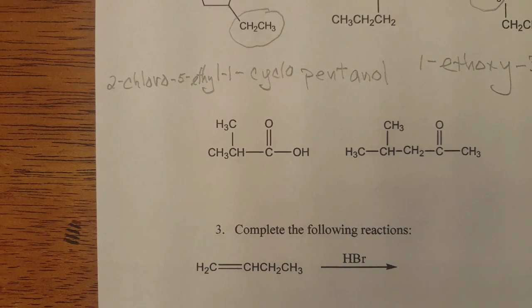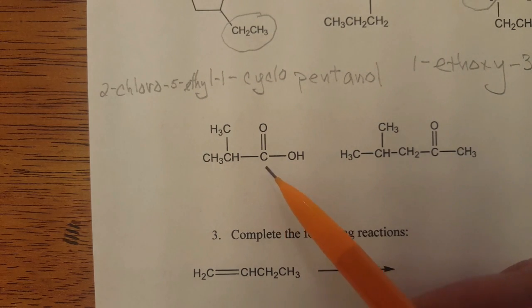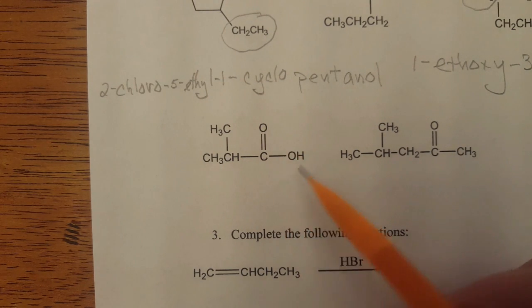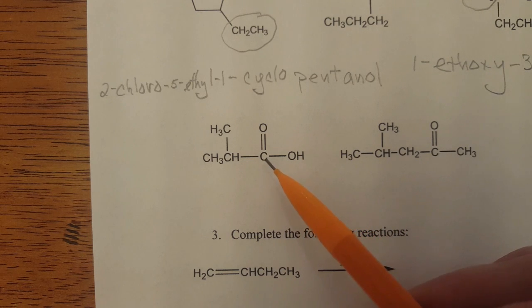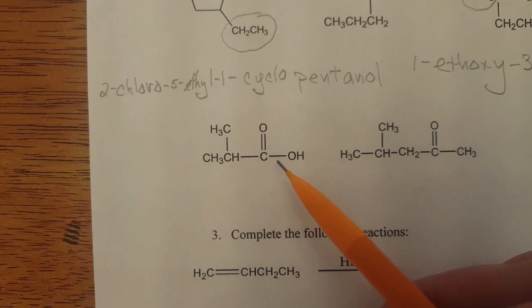Okay, here is another group that we haven't learned about yet, so I'm going to show you how to name this. This functional group is characterized by a carbon doubly bonded to an oxygen and singly bonded to an OH. Let's go to our cheat sheet and find this guy.